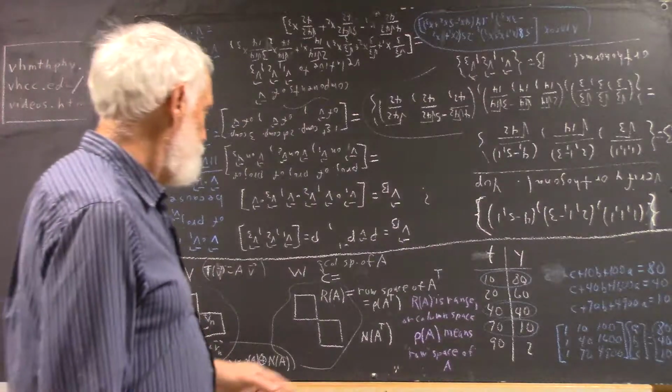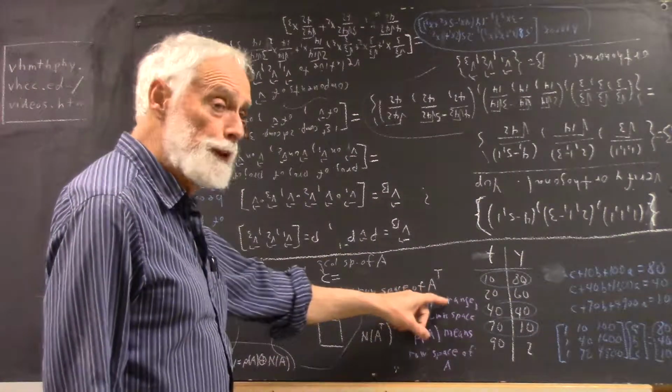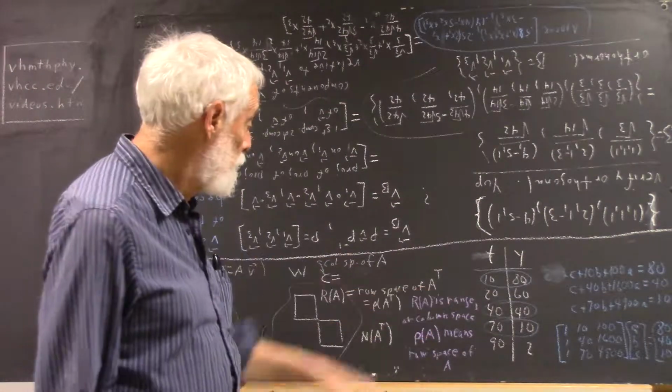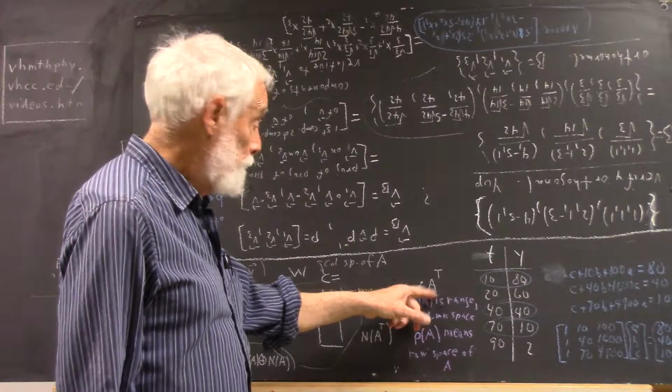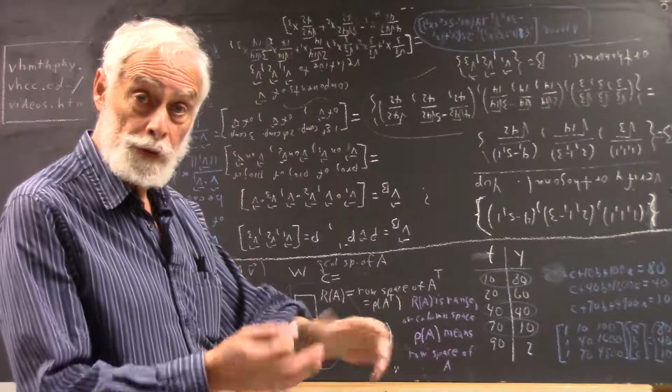To see that the column space of A is the row space of A transpose is very straightforward, because A transpose is what you get from the matrix A if you just switch the rows and the columns.